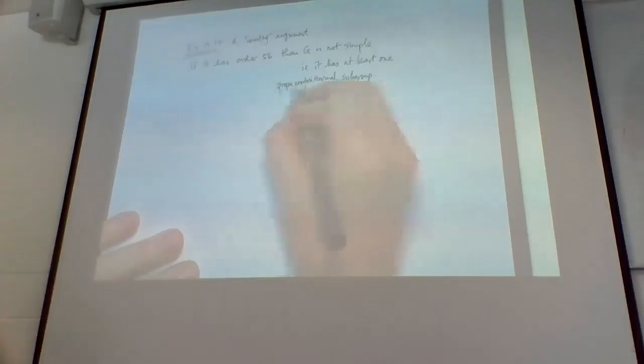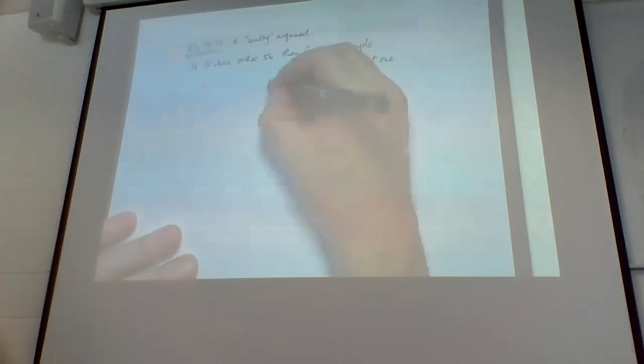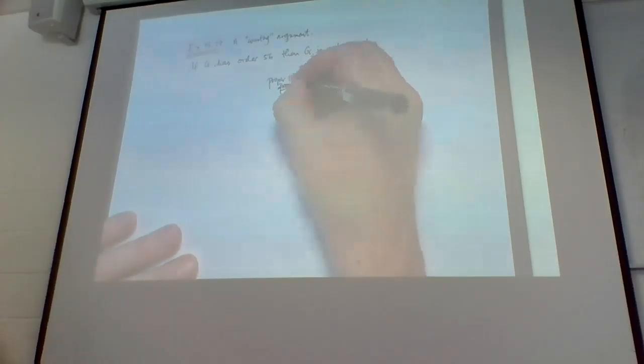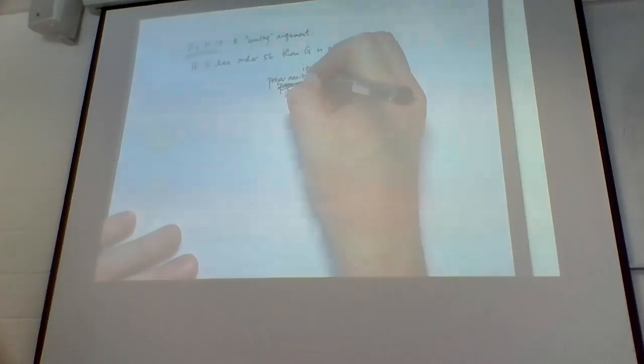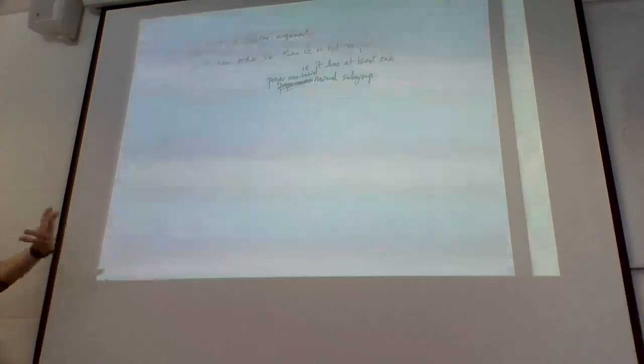Sorry, so G not simple means it has at least one genuine normal subgroup, proper non-trivial. The trivial subgroup is always normal, the whole group is always normal. So every group has a simplified version, which is the group itself. That's factoring out by the trivial subgroup. Or if you factor out by the whole group, you get trivial. But there you've rubbed out everything.